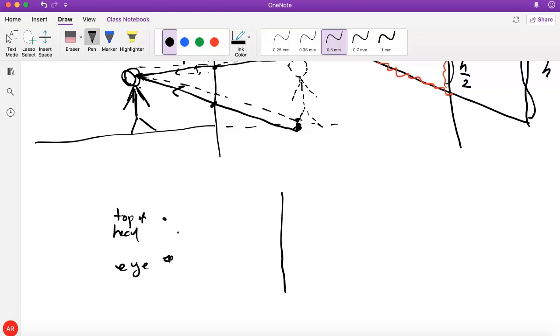That's the mirror. So if the ray from the top of your head hits the top of the mirror and reaches your eye, which it should, right? That determines where the top of the mirror should be. Well, it's going to look like this. So if you think about the normal, these two angles are the same, theta, theta.